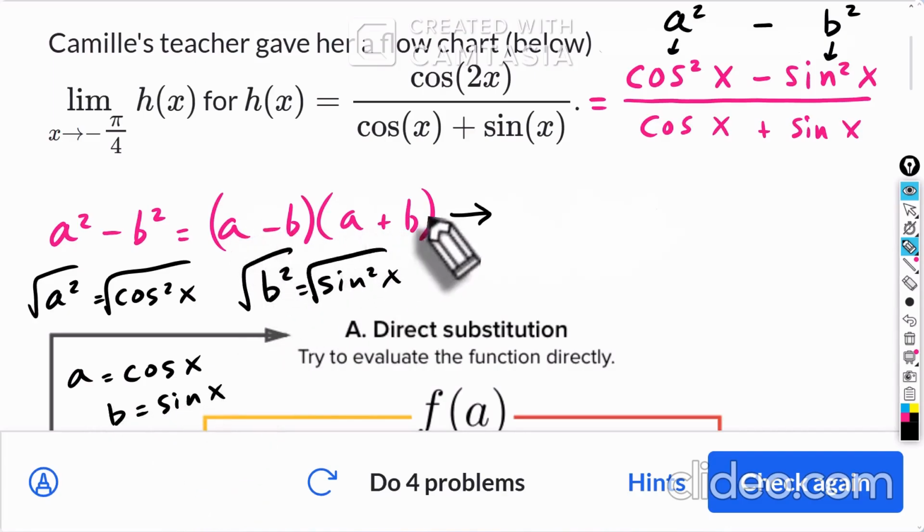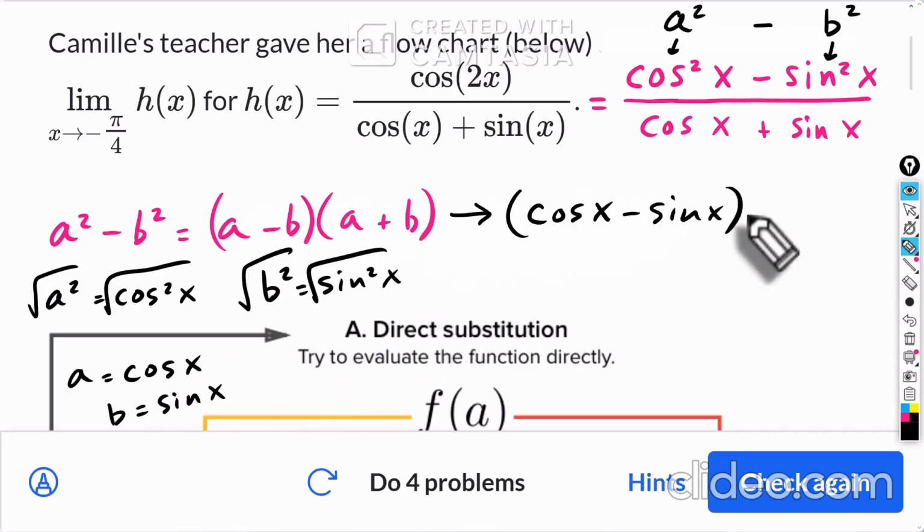Okay. So just use this formula right here. A is cosine x minus b, so minus sine x. A is cosine x plus b, so it's going to be plus sine of x.